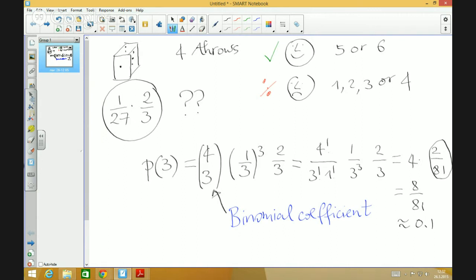So the probability of getting 3 happy casts of the die out of 4 attempts, where happy means I get a 5 or a 6, is, well, not too big. It's 1 out of 10.